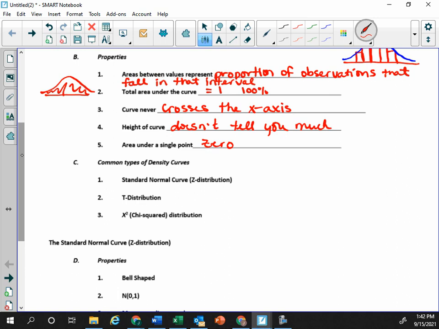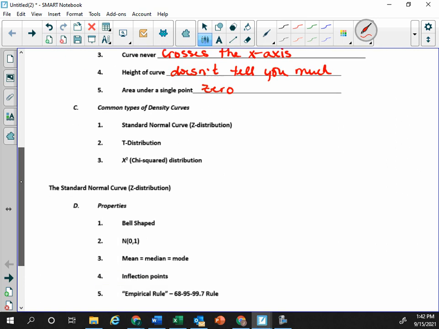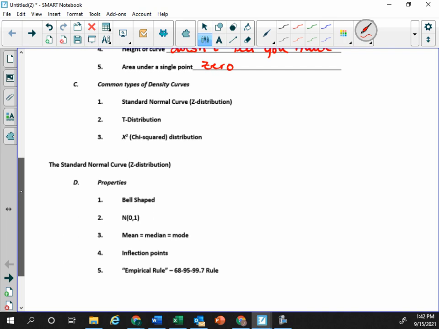All right, so we've got some different types of density curves. These are the ones you're going to work with this year. The first one is the standard normal curve, and that's the only one we're actually going to do much with right away. It's sometimes called a z-distribution. You've seen them before.